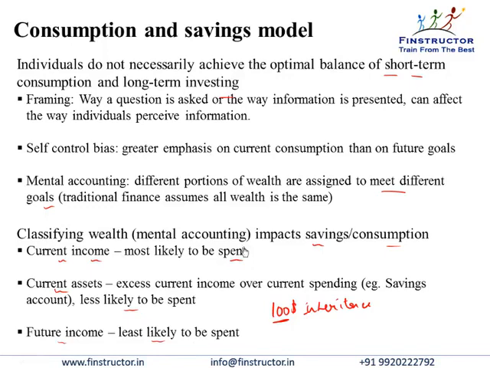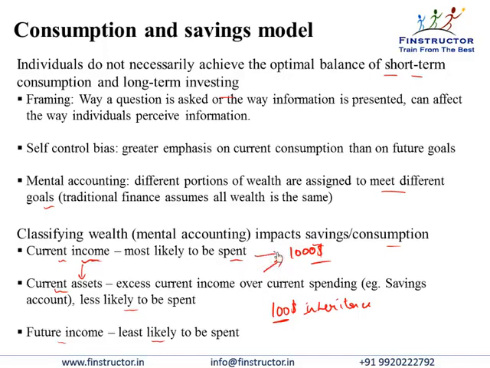So just to explain further, if you had to make a $1,000 expense on purchasing something, the first means of making that expenditure would be to use your current income. If your current income is not enough, then you may want to draw on your current assets, that is, break your fixed deposit or break your savings account and use your savings to fund this purchase.